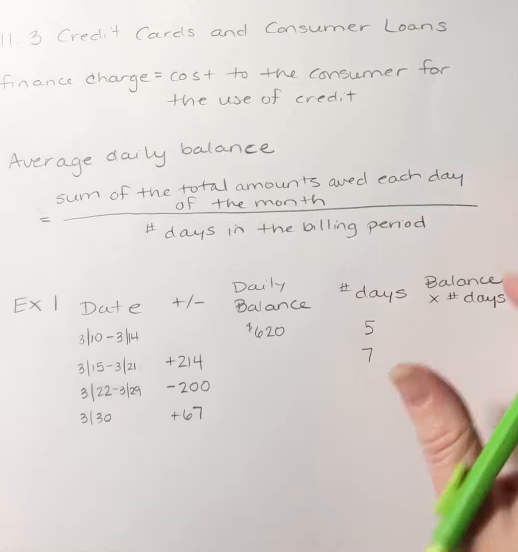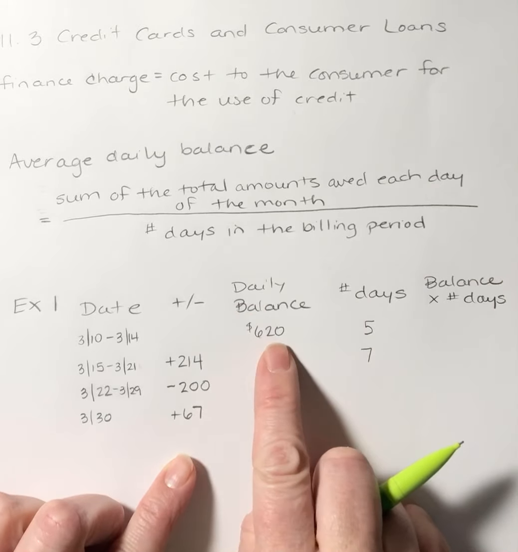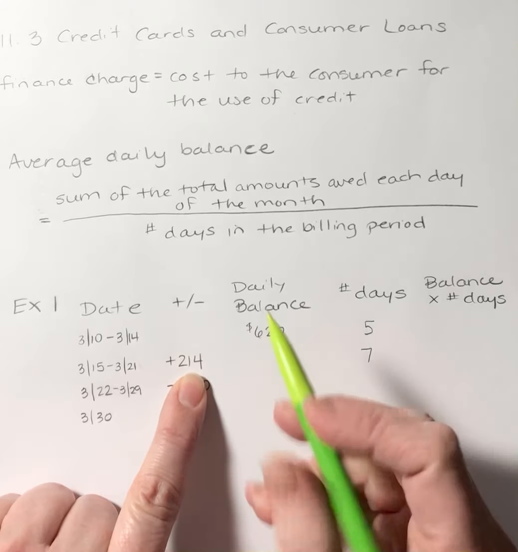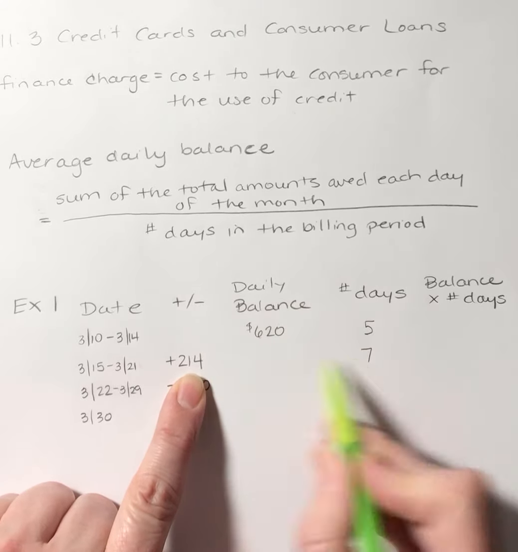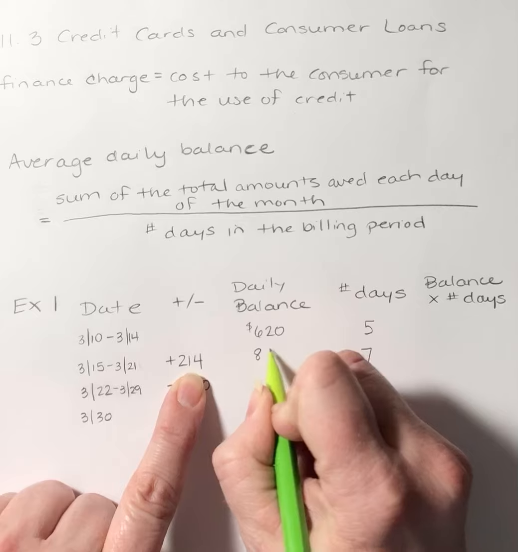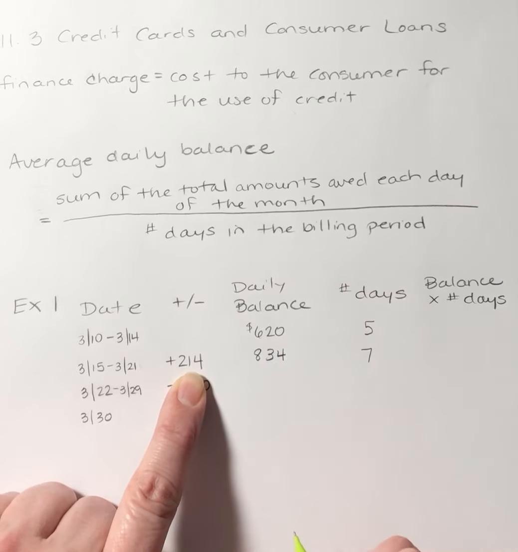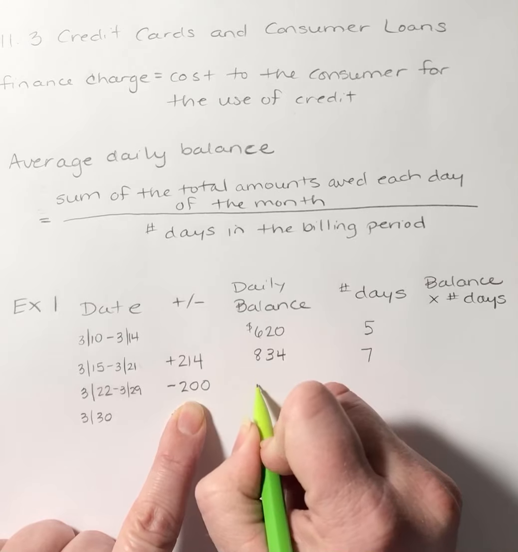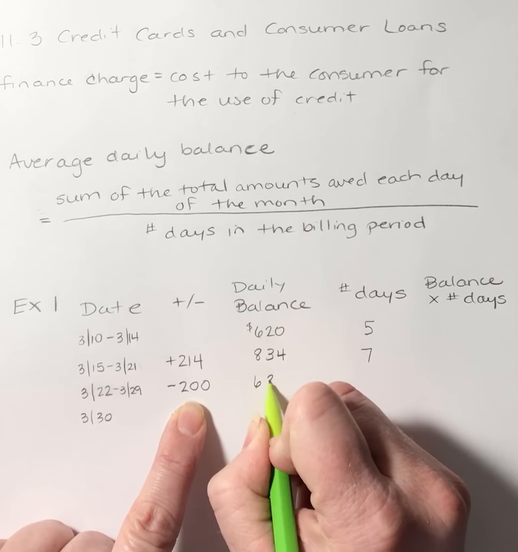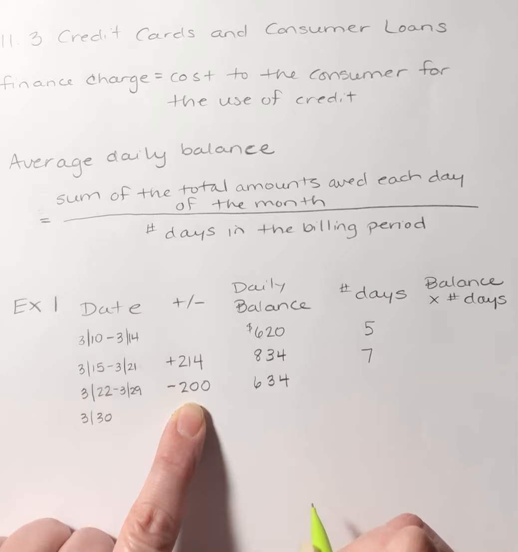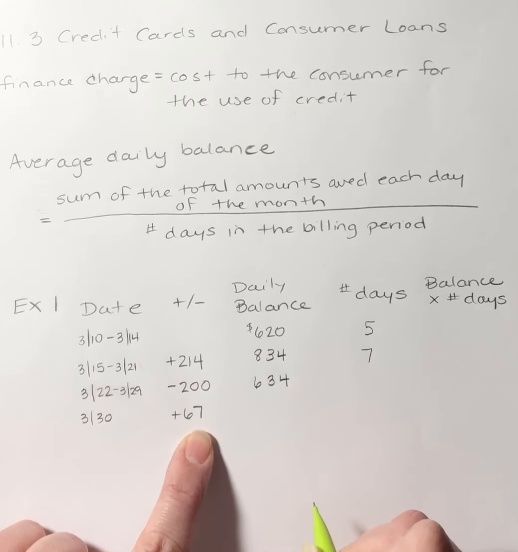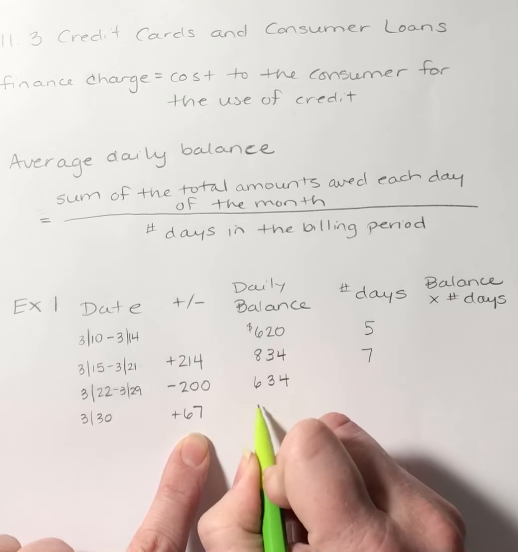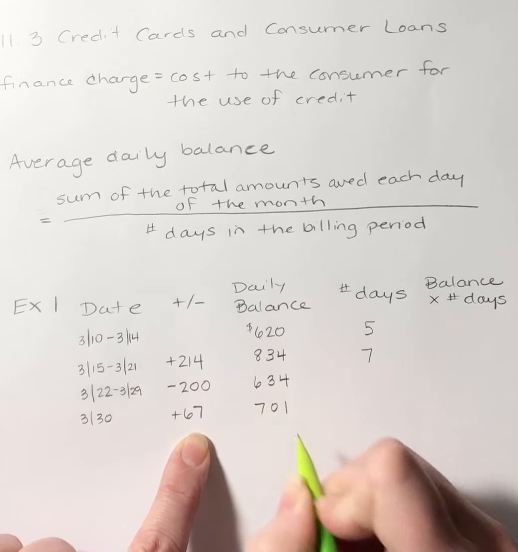So if my daily balance was at 620 and I had a charge of 214, my daily balance for these 7 days will go up to 834, okay? Then I made a $200 payment, so my daily balance is going to go down to 634. And then I made a $67 charge, and so my daily balance is going to go up to 701.